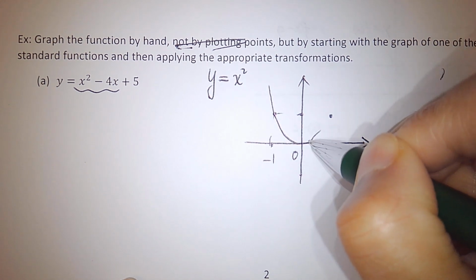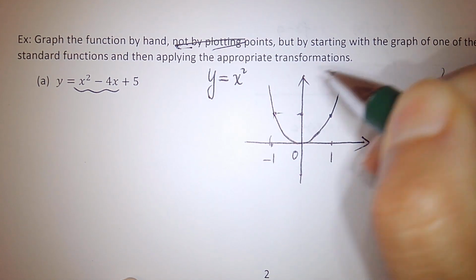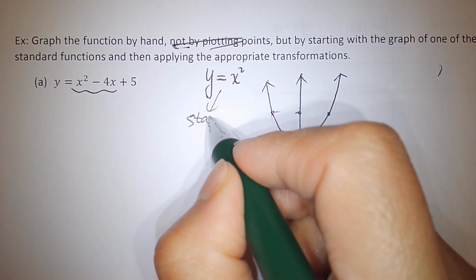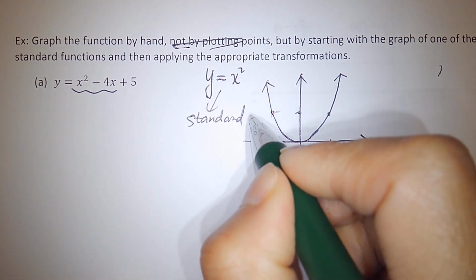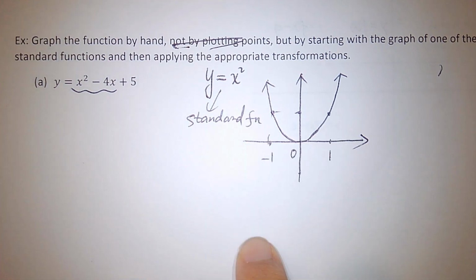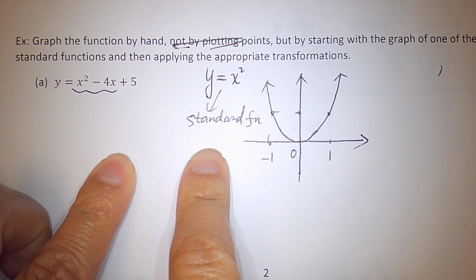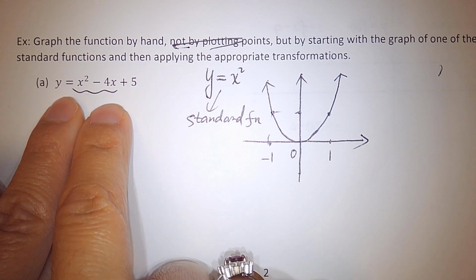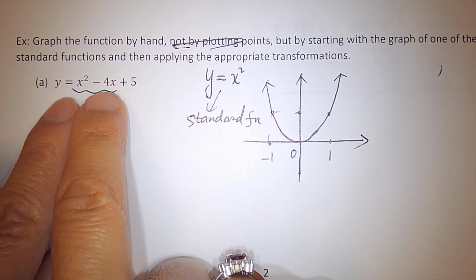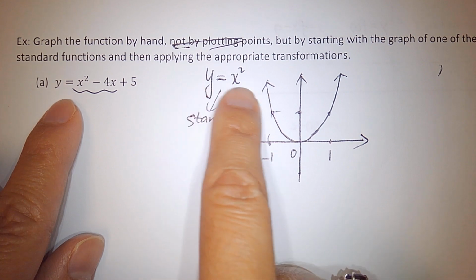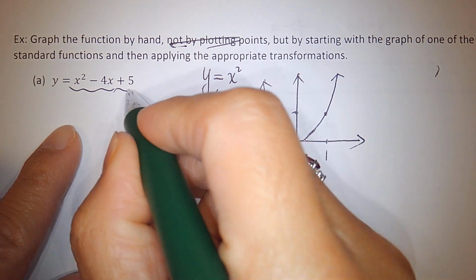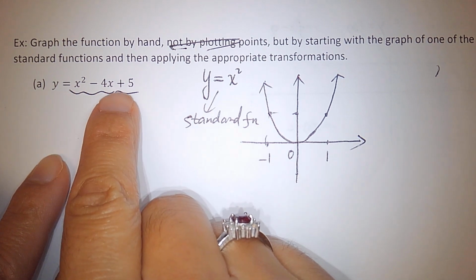So y equals x squared is our standard function. Well, the thing is, what kind of transformation can we do to start from the standard function and get y equals x squared minus 4x plus 5?